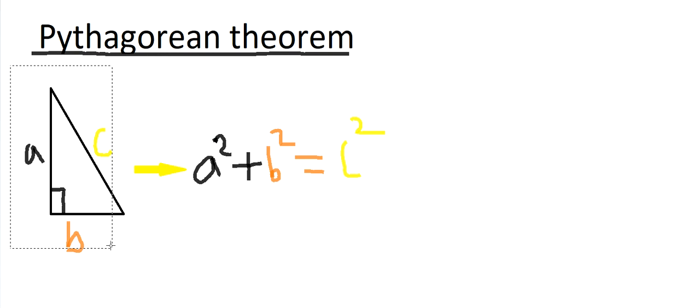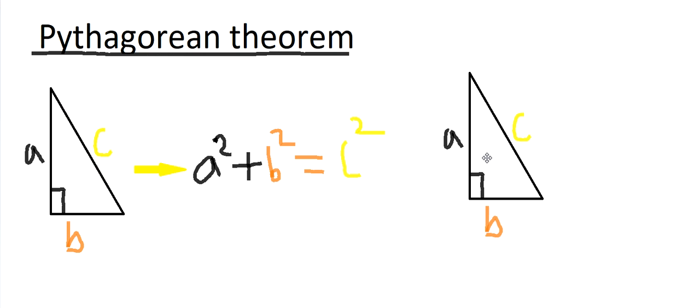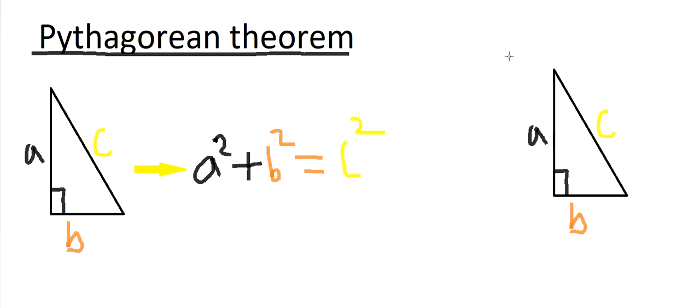So basically, what he's saying, let me copy and paste this triangle over. What he's saying is that if you were to take the sides and draw a square on each one, let's make this more of a square.